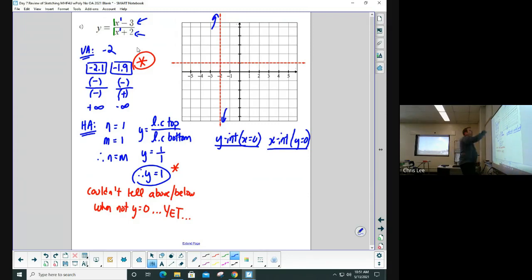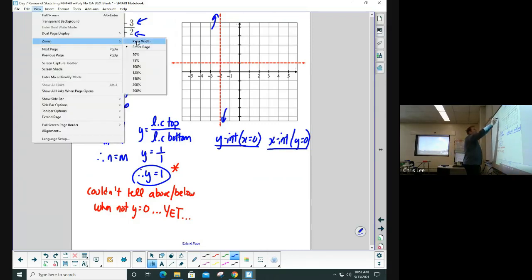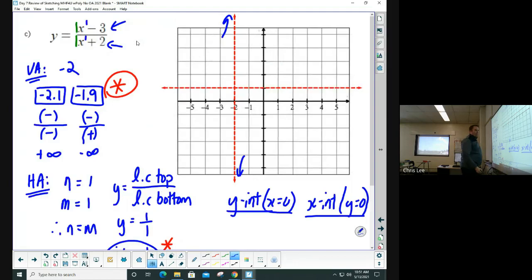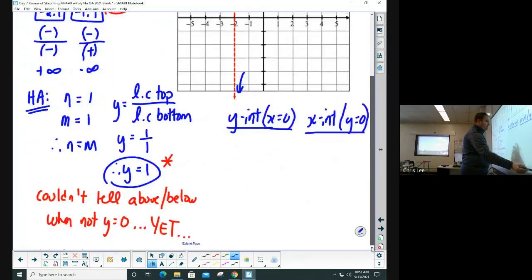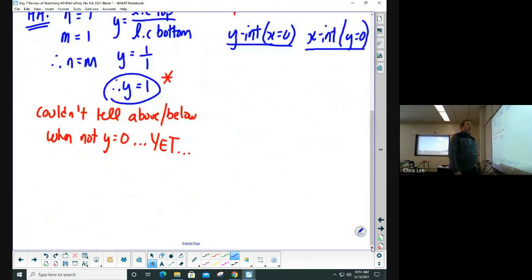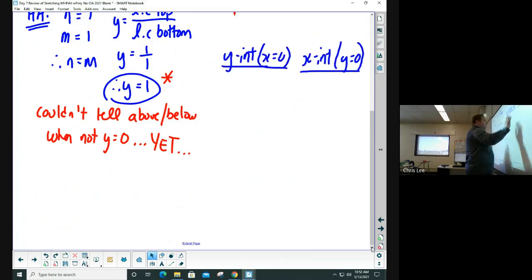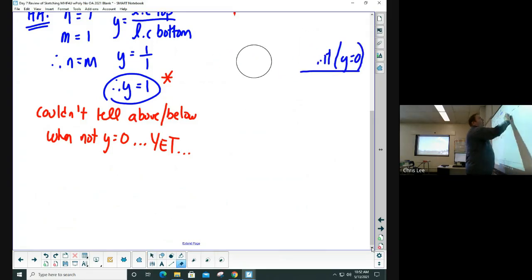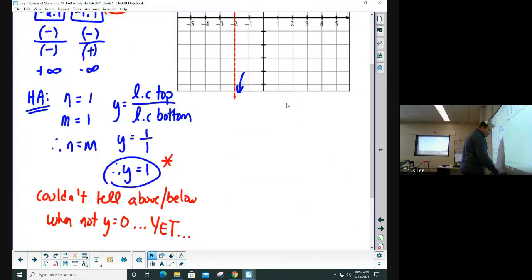I'll make that bigger so you can see it. So here we're going to go back to the original equation and sub in x equals 0 to get y-intercepts. I don't know why I have the x first and the y second. I'll just do the x first so it matches my notes.